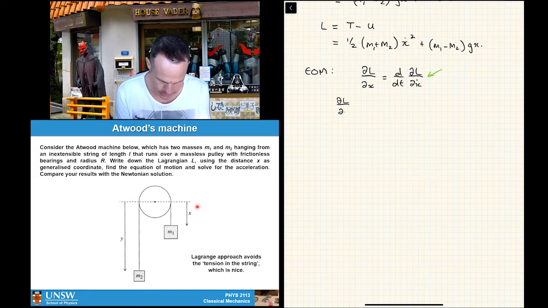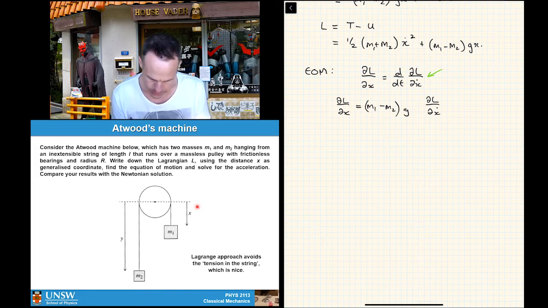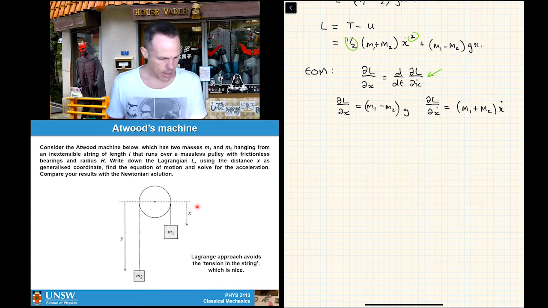dL/dx is going to be, there's only one term in x up above. It's m1 minus m2 g. dL/dx dot is going to bring the 2 up here down to knock out the half, and so it's going to leave us with m1 plus m2 x dot.